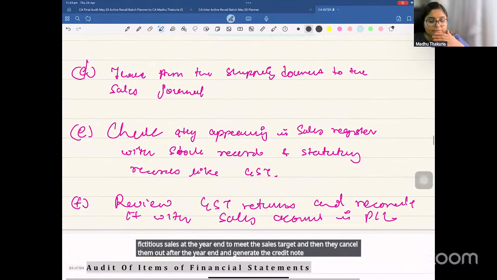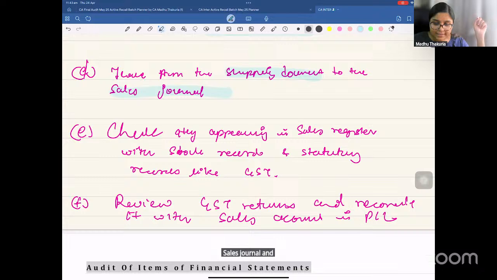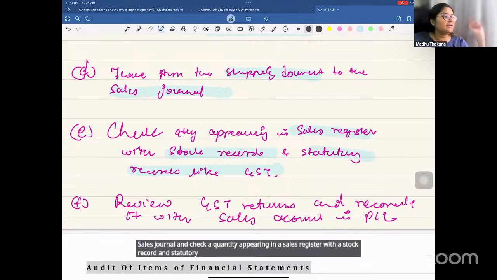Then trace the shipping document to the sales journal and check the quantity appearing in the sales register with the stock record and statutory records like GST, and then you review the GST return and reconcile it with the sales amount in P&L.